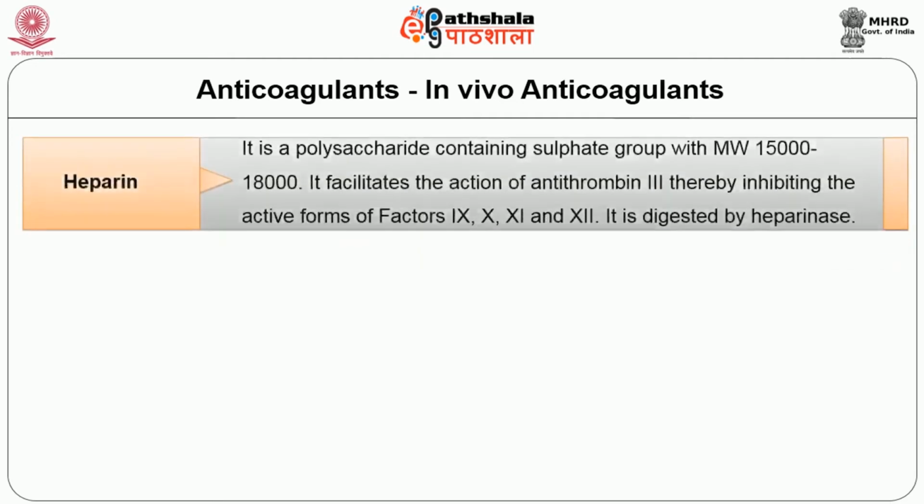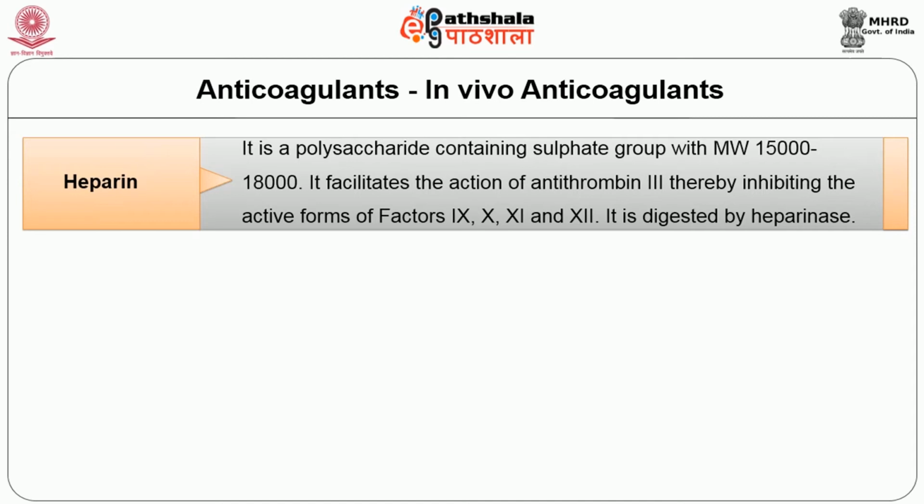So, heparin is a polysaccharide containing sulfate groups with a molecular weight of 15,000 to 18,000. This facilitates the action of antithrombin 3 and thus inhibits the active forms of factors 9, 10, 11 and 12.